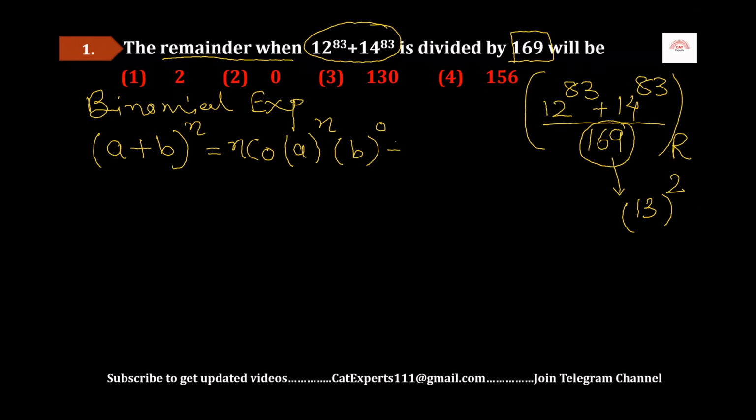Plus NC1, second term will become a raised to power n minus 1. Let me take you on another screen so that you can understand it in a much better way. Right? So we will discuss the binomial expansion first, okay?